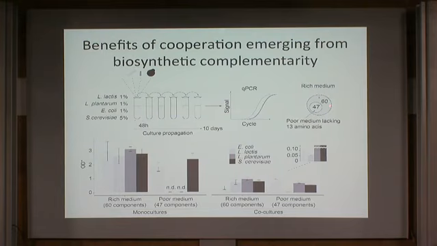One was the rich medium, where many compounds were present, and in the other we almost randomly removed 13 amino acids. It was just a group of amino acids which was dissolved in the medium during preparation, so they were not selected somehow; any amino acid could be.